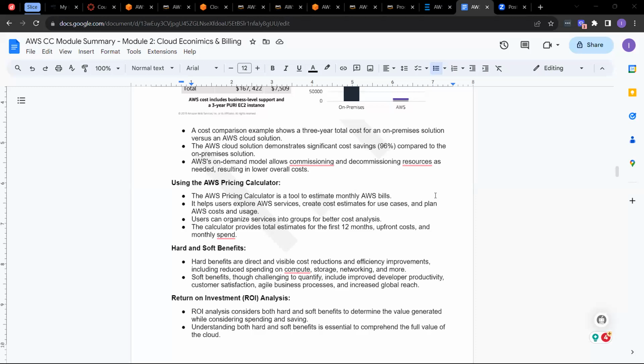So future estimations for up to 12 months. I think that's the major difference between that and the pricing calculator. The pricing calculator will not be able to forecast for that long a time. It is almost like this month and the next month. Then you have the history, but for forecasted cost over time, the cost explorer does that.